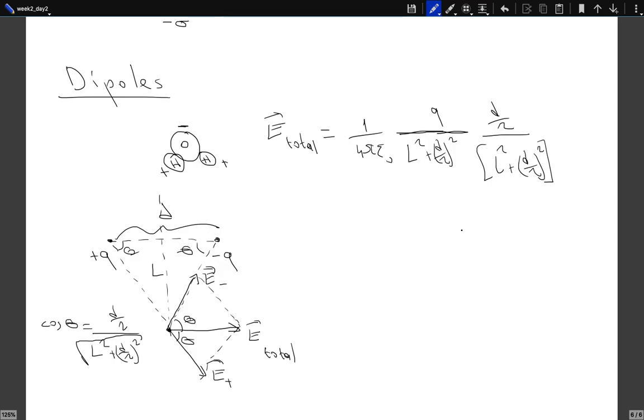Then I have the negative charge, which is creating an electric field of exactly equal magnitude, but pointing in this direction. But since it also makes the same angle, theta, its horizontal component is exactly the same as the horizontal component of this one. So I just multiply it by 2 in the horizontal direction. That is the electric field created by this dipole at this point.